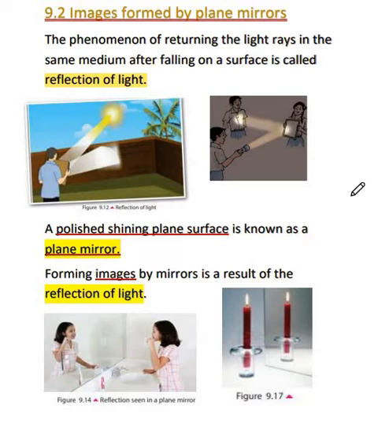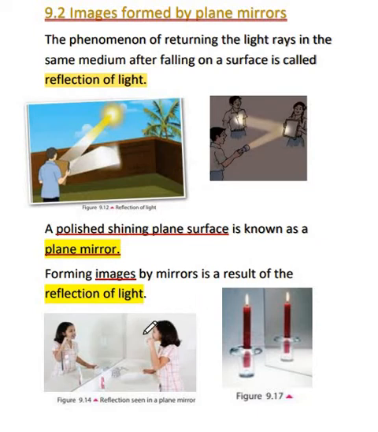Okay guys, so there are various images like you can see over here that are formed in mirrors. Why are they formed? They are formed due to the reflection of light.